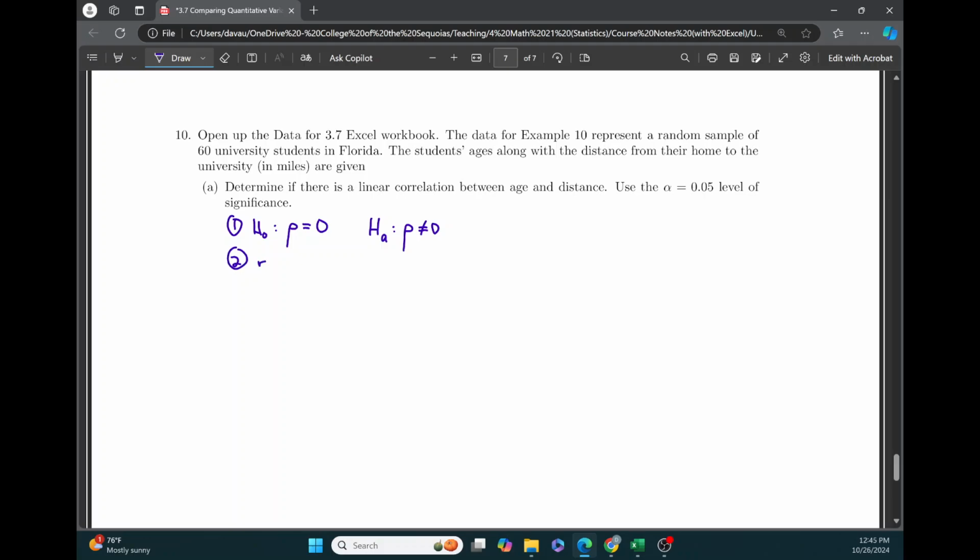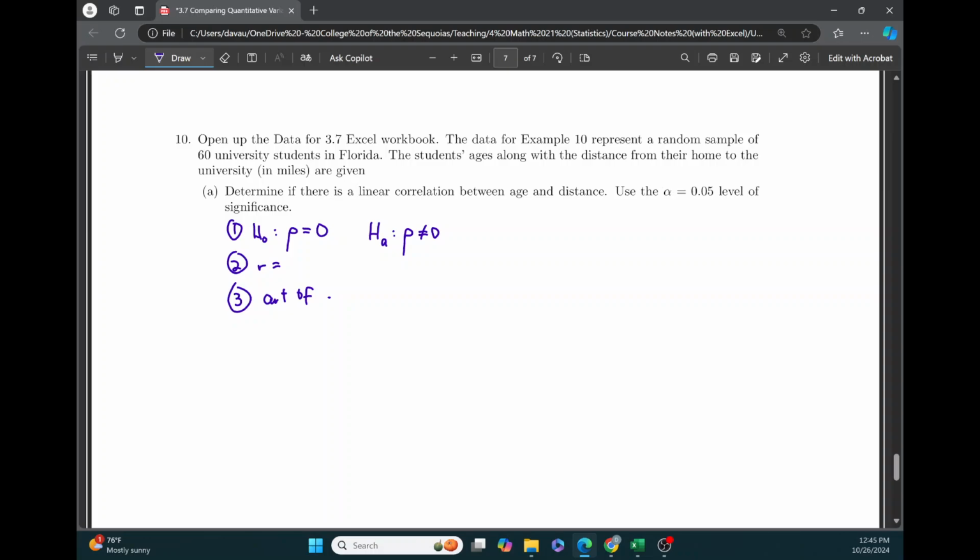Step 2 is to get the correlation coefficient, which we're going to get in the same place as we go to get the p-value, art of stat. We're going to do a linear regression. And of course, we're going to enter the data.